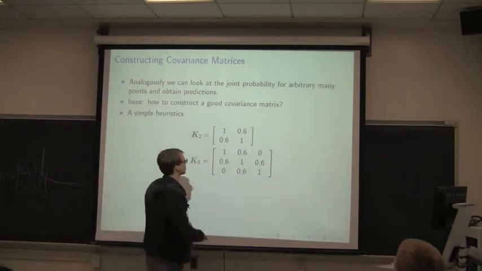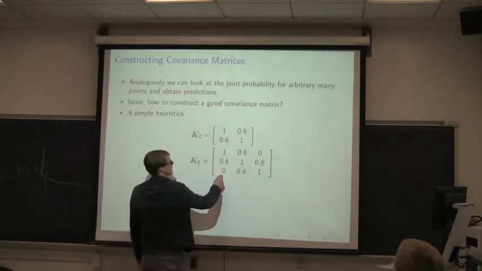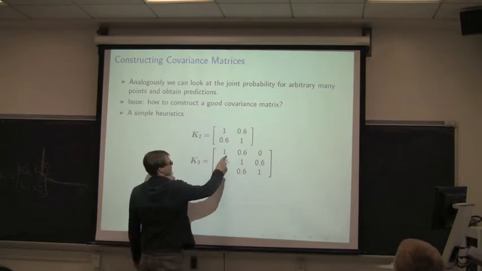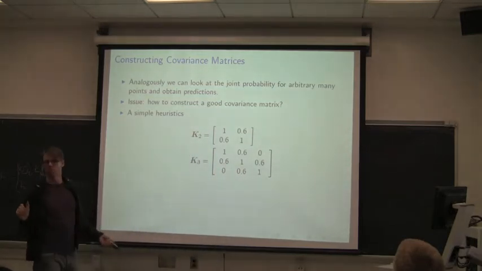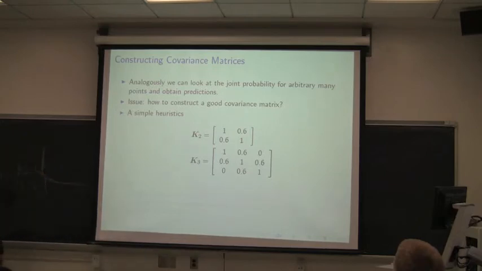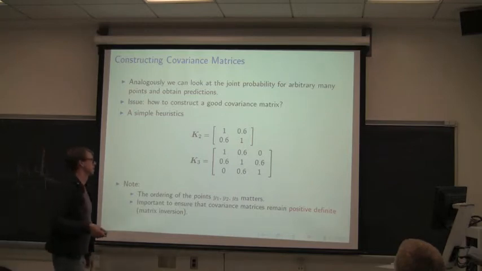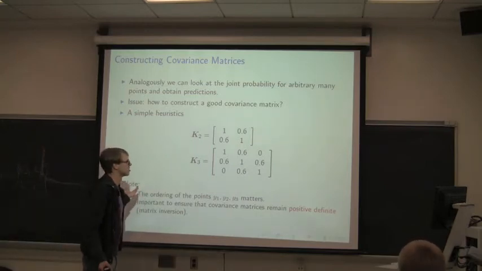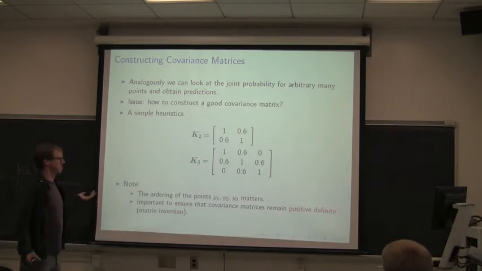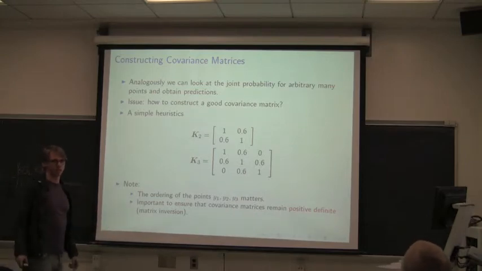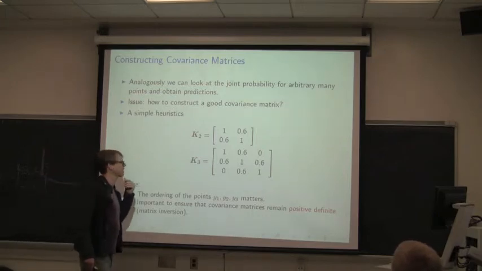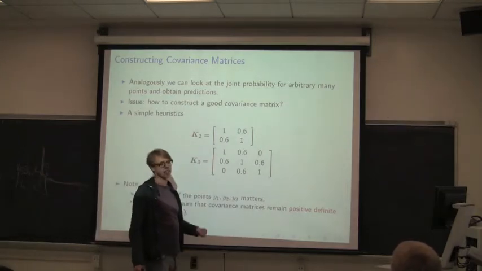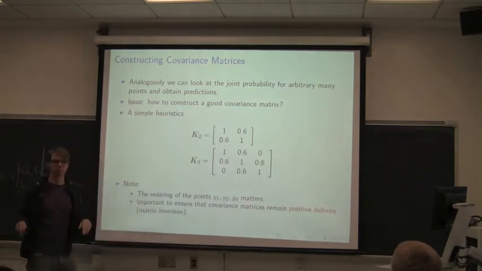For example, for two neighboring x's, you have a covariance of 0.6, and once you're 2 hops away, it's 0. That would be a very simple covariance matrix, and it would give you a Gaussian distribution, which means every point only depends on the point next to it, but no other point.